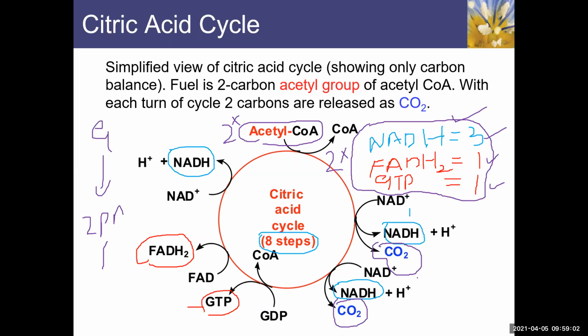So two molecules of CO2 are produced. The CO2 produced in the Krebs cycle will go straight to our lungs and we throw that out from the lungs.